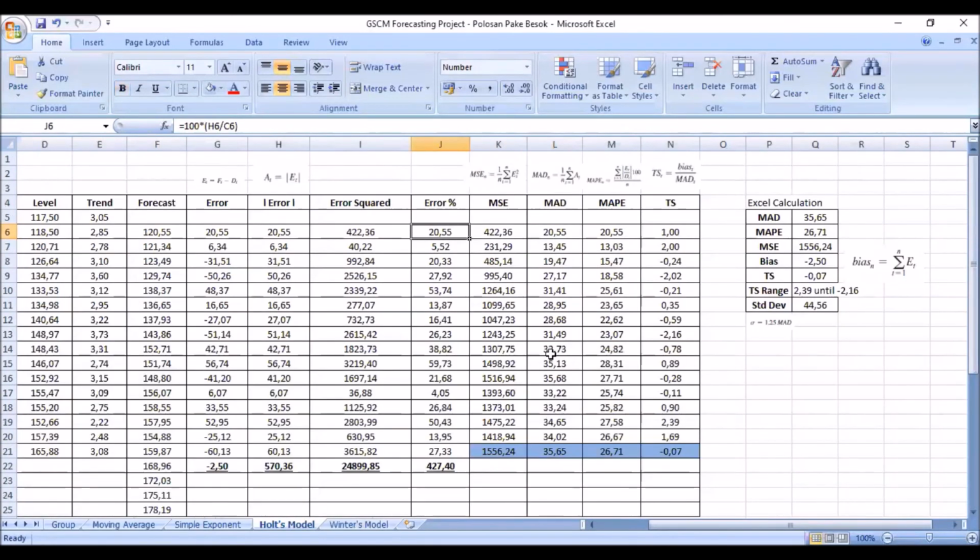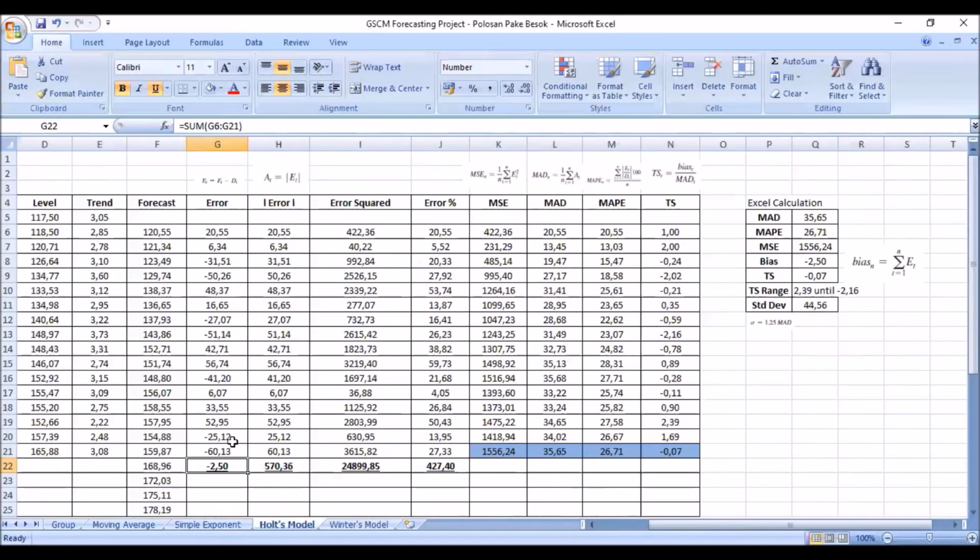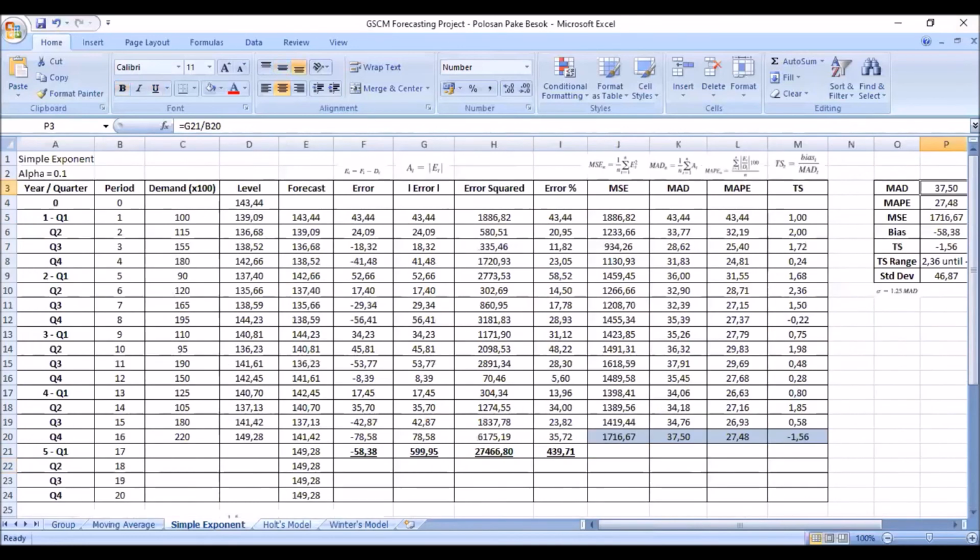However, we're also gonna compare the Holt model to simple exponential smoothing. In this case, we said the Holt model actually has a lower error than the Winters model, but still, it's not as good as the Winters model because it has higher MAT, MAP, and MSE, although it has lower bias and TS and quite a similar TS range.